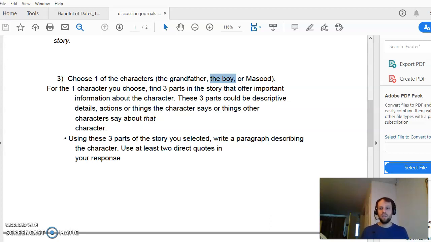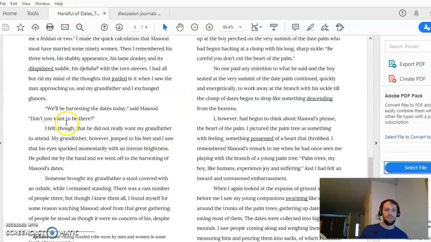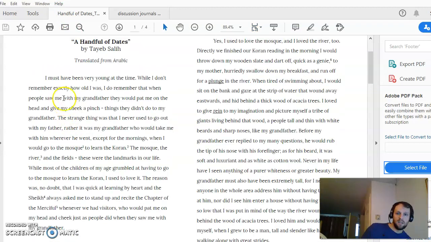So with the boy, you have to come to conclusions based on what you see, based on what the boy's thoughts are, because he's the narrator, so we get access to his thoughts and how he's reacting to things and how he's processing things. What he says, how he reacts. So let's take a look in the text. We'll start at the beginning again.